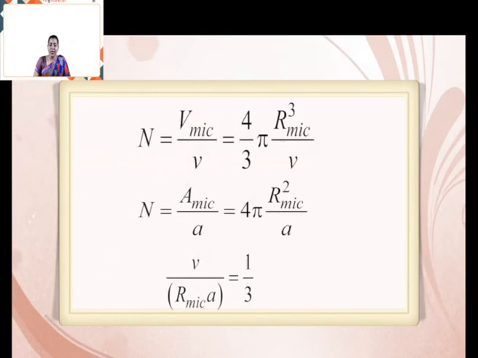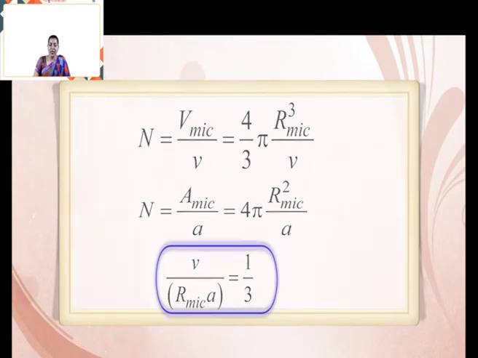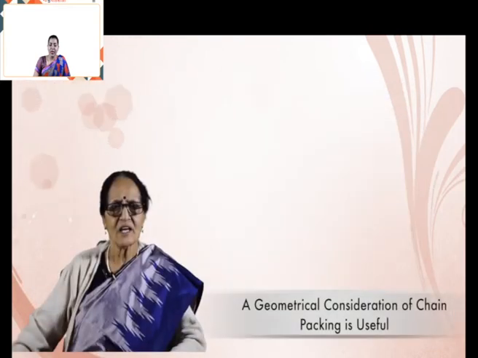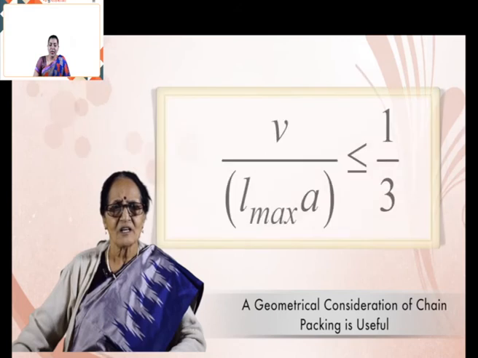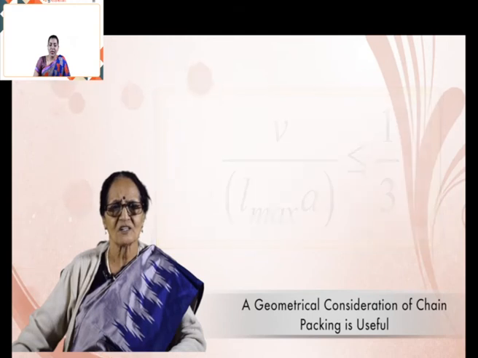Putting these aggregation numbers as equal, we obtain the following equation. Since r cannot exceed the extended length of the surfactant alkyl chain, l max, as shown in the equation, therefore this is less than or equal to 1/3 for a spherical micelle.